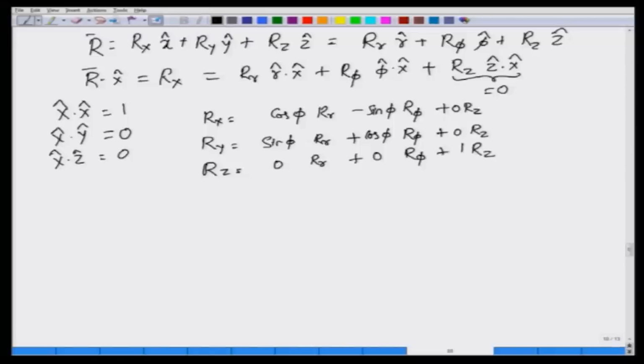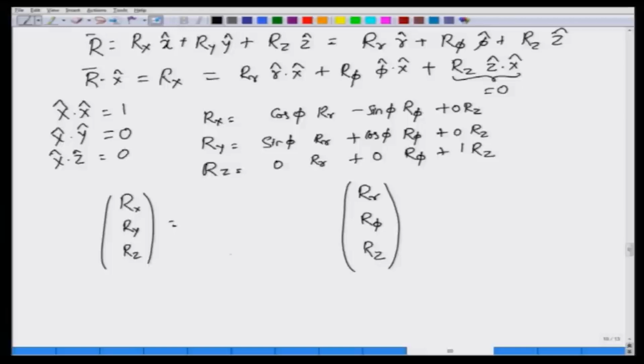Now, this might be looking very suspiciously like a set of linear equations, and these are indeed a set of linear equations. We can obtain rx, ry and rz if I know the component values rr, r phi and rz, by a transformation matrix which takes me from cylindrical to rectangular coordinate systems.